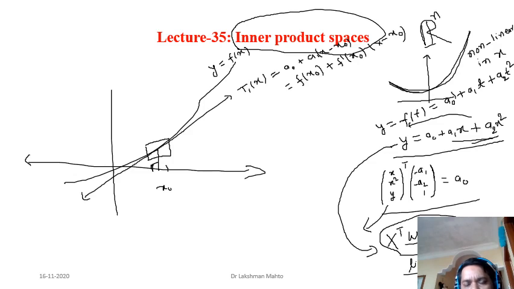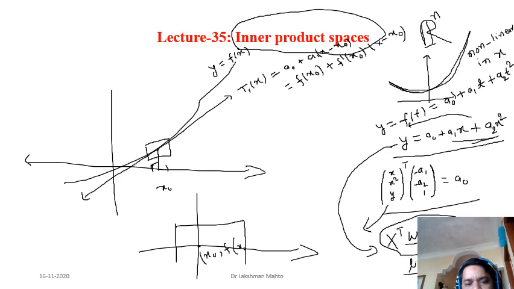If you zoom in on this box, this neighborhood, like this way, your reference point is now here. This one would be x naught, and the corresponding y coordinate would be f of x naught. I'm zooming in on this point. Just zoom like this way, I'm giving a zoomed picture.